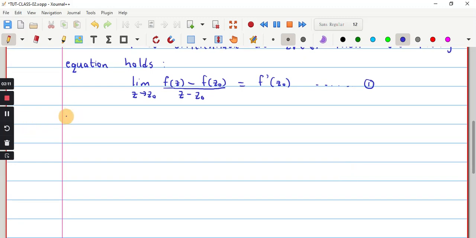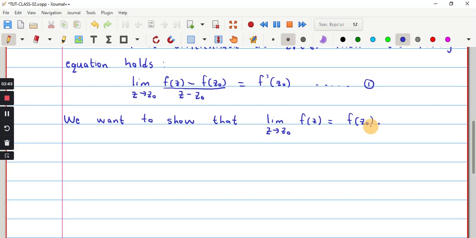Now, what we want to prove here is that when we take the limit as z approaches z0 of f at z, it is exactly equal to the value of f at the point z0.